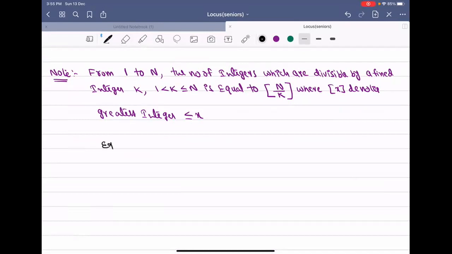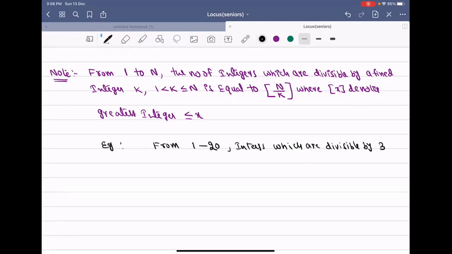Example, a simple one. From 1 to 20, take the integers which are divisible by 3, and calculate.